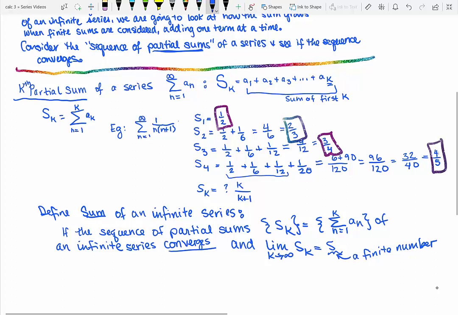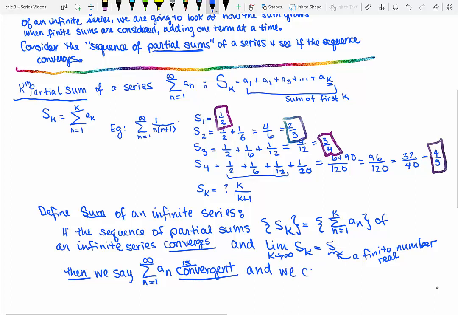It's representing the limit of these partial sums where I add term after term after term. So if this is a finite real number, then we say that the series n equals 1 to infinity of a sub n converges, or is convergent, and we call S, the limit of its partial sums, the sum of the series.